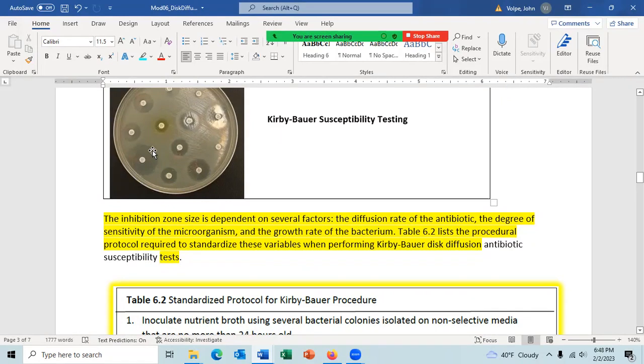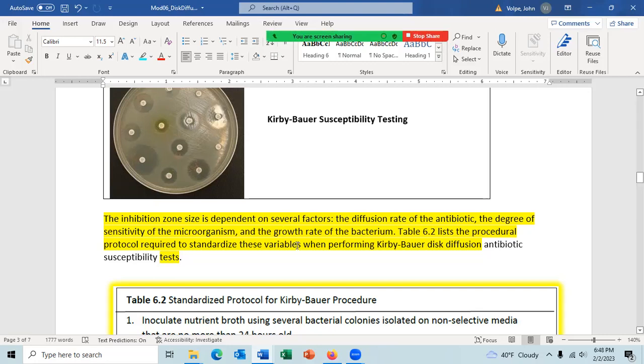The larger the antibiotic, the smaller the size of the zone of inhibition. The growth rate of the bacteria also determines the size of the zone of inhibition. You can determine that by plating a different concentration of bacteria, or putting it on a different media.